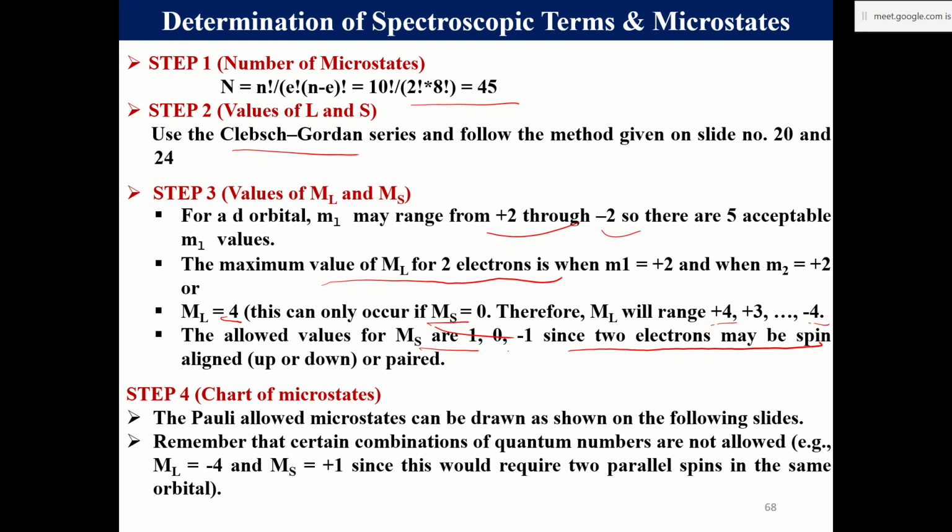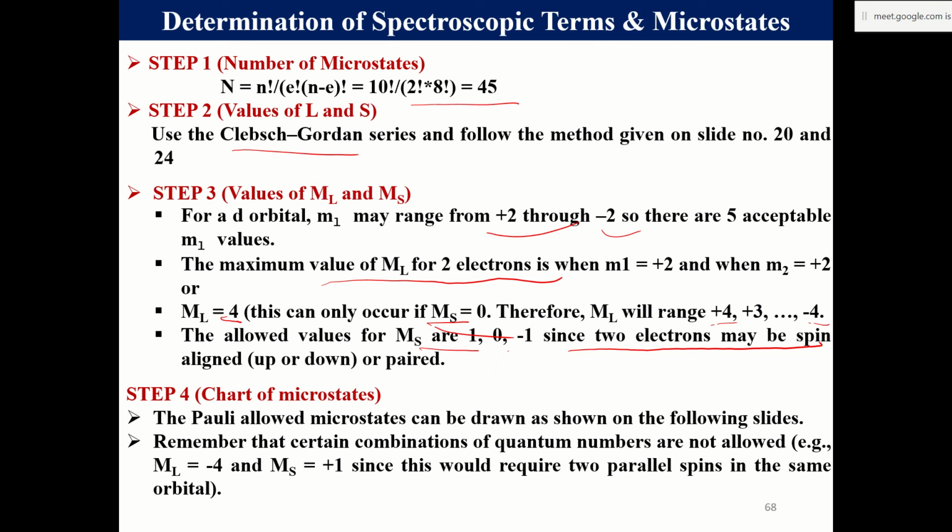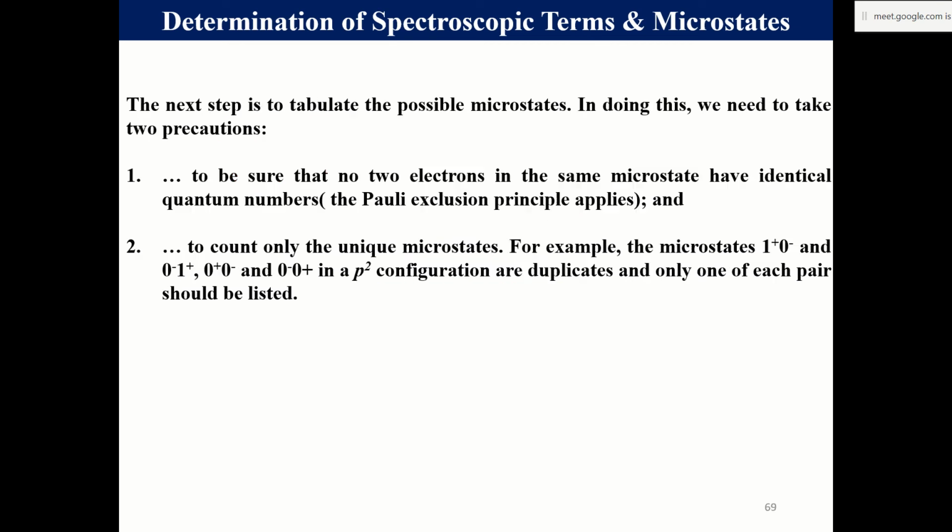So then allowed slides can be drawn, and we can follow the similar steps as we did for P2 configuration, and we will be able to find the microstates for each of the terms. So you need to tabulate all the possible microstates.